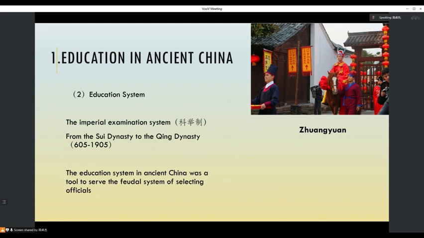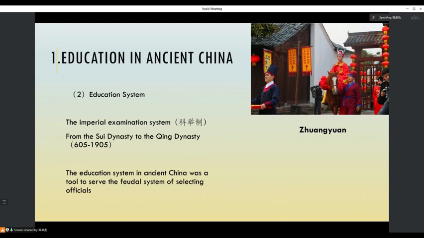科举 is an examination. Exam, very big. And the 状元 is the top scholar in this examination.